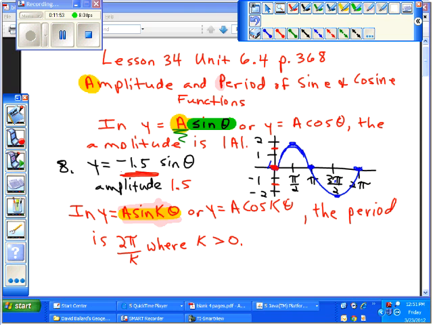Not only is it going to change the height from 1 to 1.5, that's going to reverse all the signs. So when we think about what it would have been, we could say, well, if we were at pi over 2, it would have been 1. But because of the 1.5, it's now 1.5. But instead of positive, it's negative, so we're really at negative 1.5.